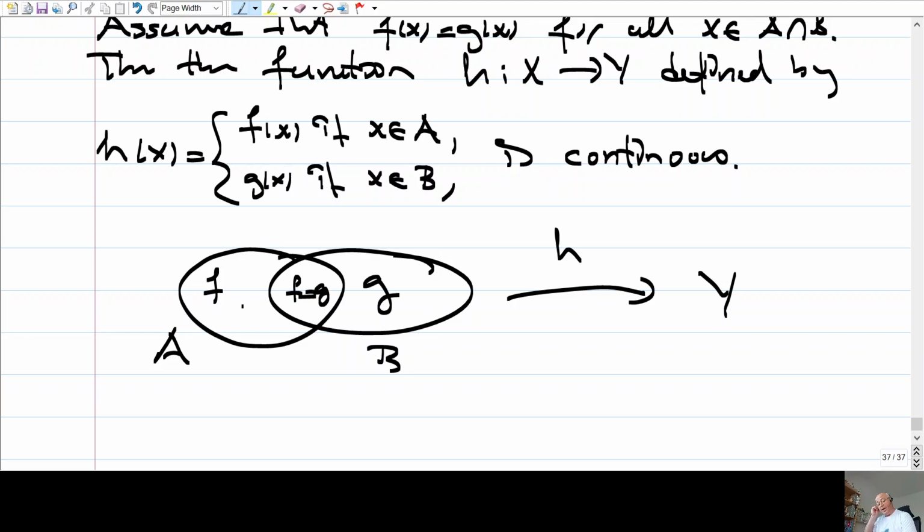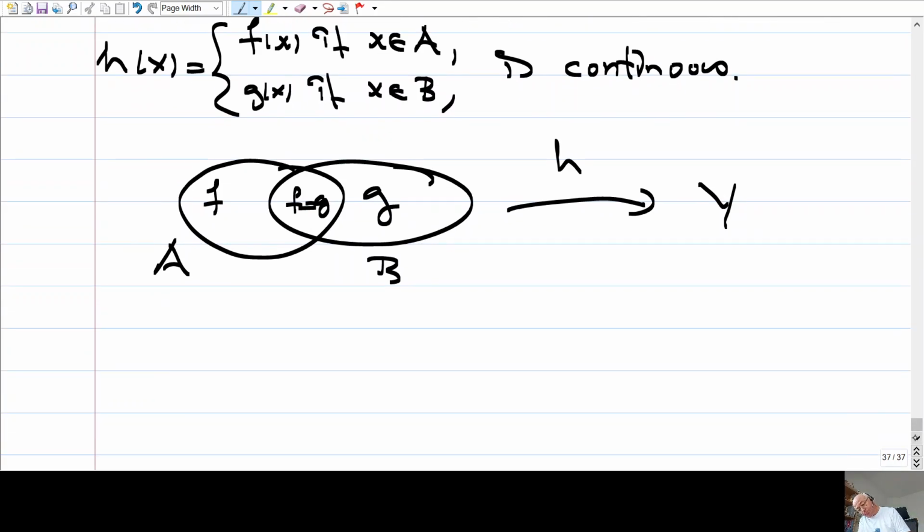It is defined as f on A and as g on B. We paste two functions f and g and obtain a function on the whole space X. That's why this is called the pasting lemma.